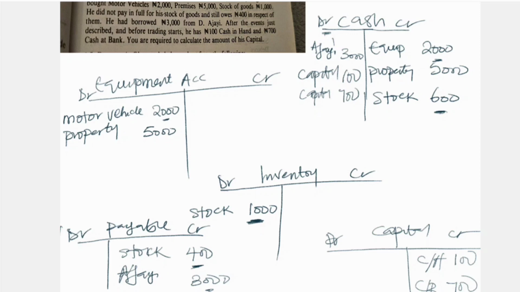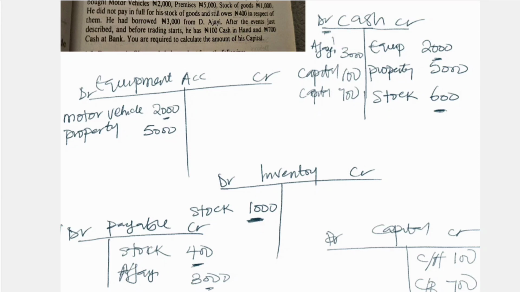Let me get my calculator. So we're going to be balancing this all up. So what we're going to do is to cross this, and we're going to sum up 2,000 naira plus 5,000 naira plus 600 naira. Obviously, the credit side is more than the debit side. So what we're going to do is write 7,600 in both sides. Okay.